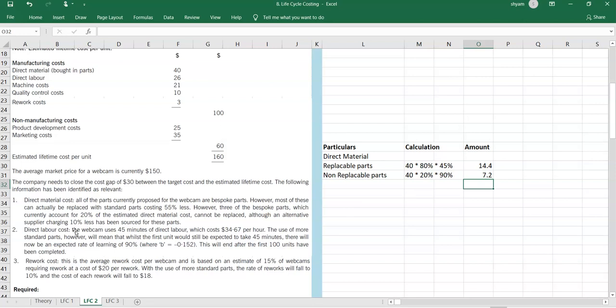Direct labor cost. The webcam uses 45. See, this is something like an additional question, so we can't do this one. This is a learning curve kind of problem. So better we will take the cost as given there. So direct labor is 26.